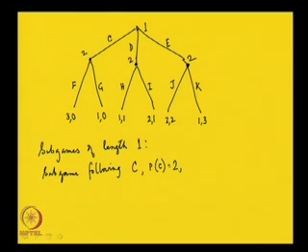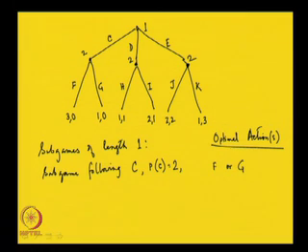And what is the optimal action? In this case, player 2 is indifferent between F and G. So, F or G both are optimal.